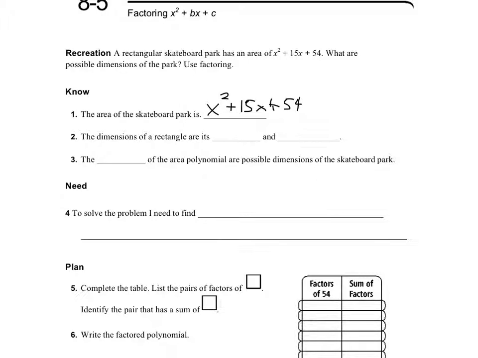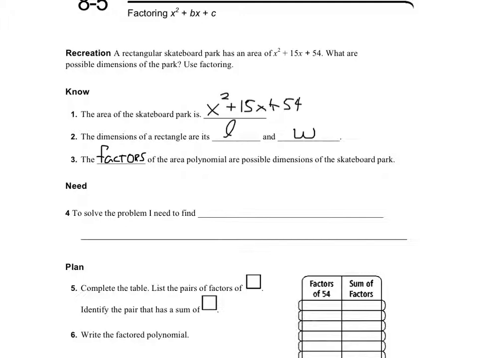So the dimensions of a normal rectangle are its length and its width. Okay. The blank of the area polynomial are possible dimensions of the skateboard park. Okay. So what we want to put in there is the word factors. The factors of the area polynomial.